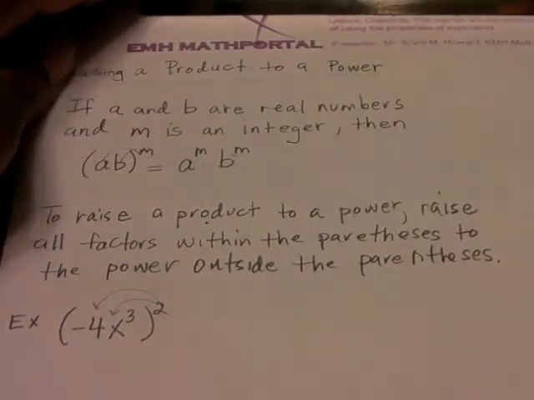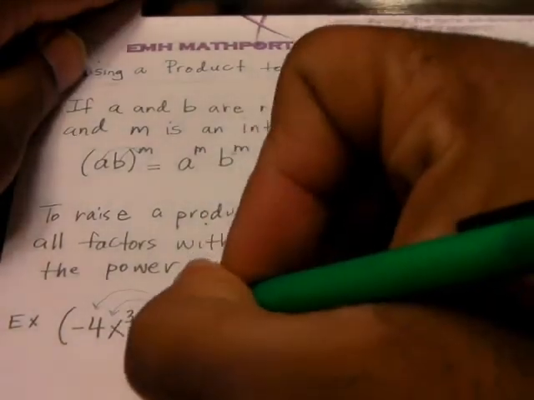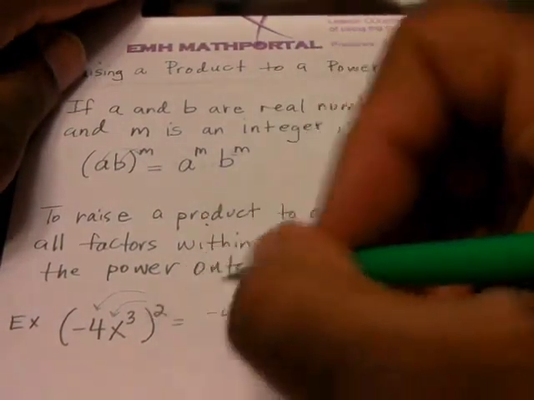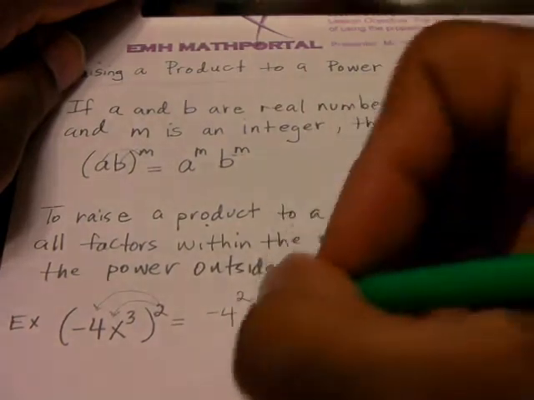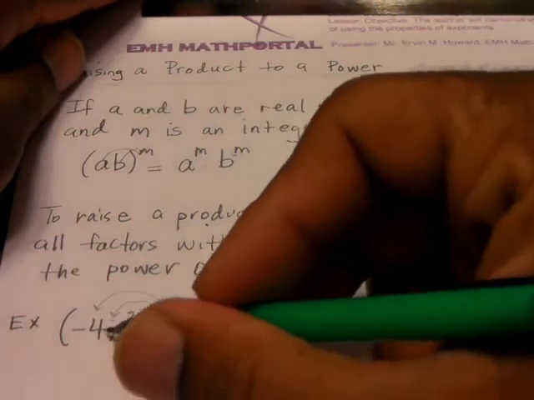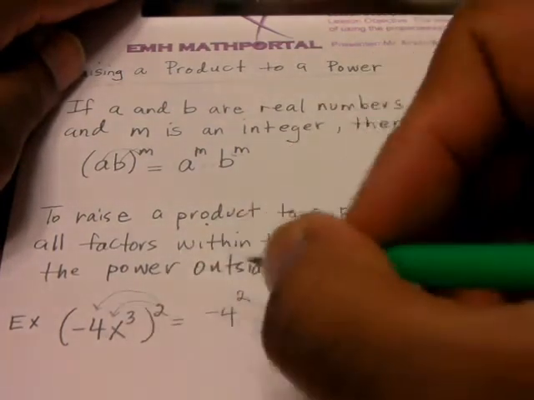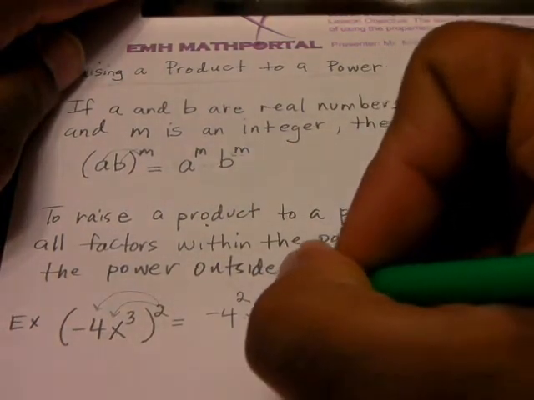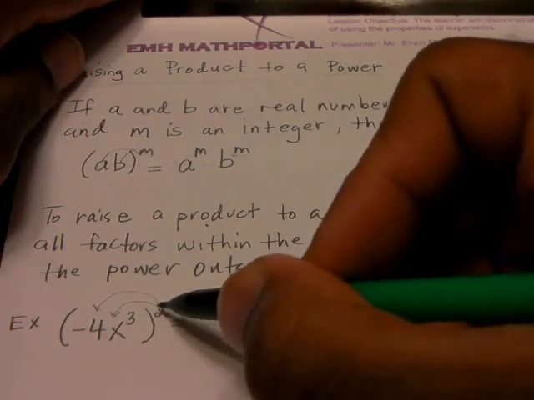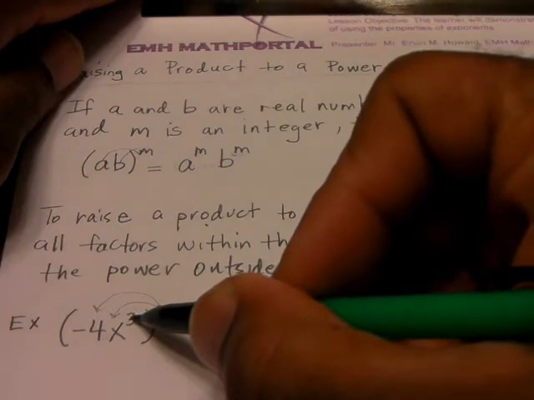So let's illustrate it in our formula writing. We have negative 4 raised to the power of 2, times, which is the product of two bases, is still similar to multiplication, x raised to the power of 3. But you're going to distribute the power of 2 to the 3.